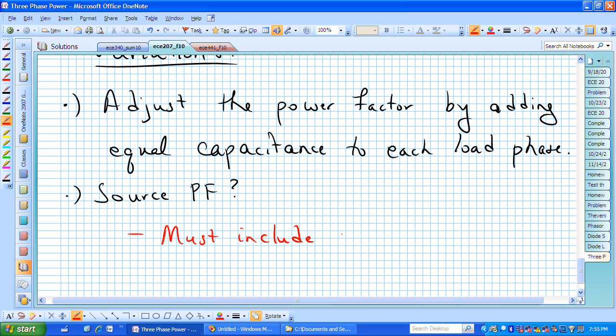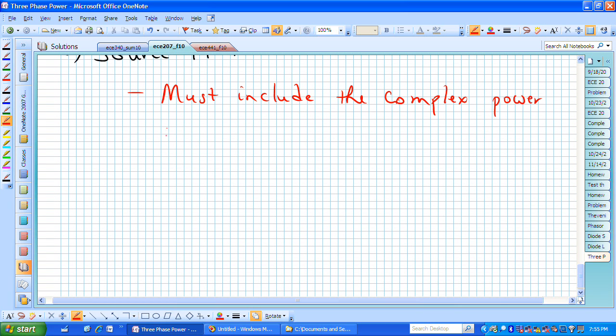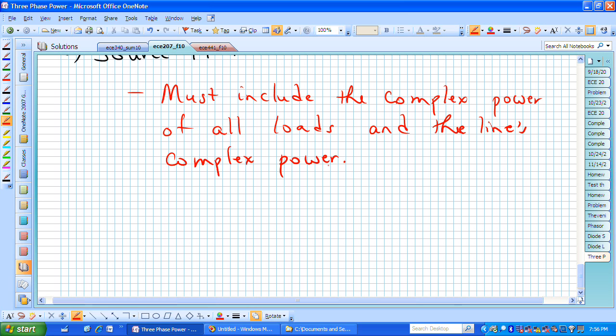So we must include the complex power of all loads and the lines' complex power.